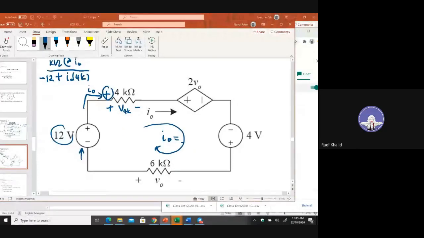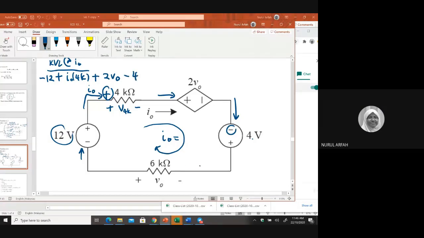And then you enter these two, V naught dependent source. What do you observe? Positive polarity. What is the value of this voltage source? Positive V naught. Yes. And then entering this, negative 4.